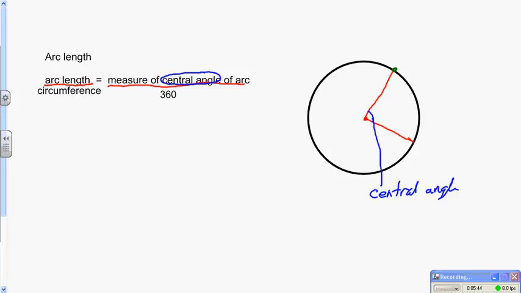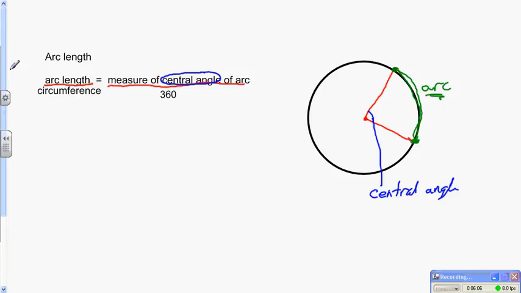This intersection point to this intersection point on the circle, this piece of the circle is the arc. Okay, so it's a piece of the circle, not the area inside, just the length from here to here. So it's a piece of the overall circumference.